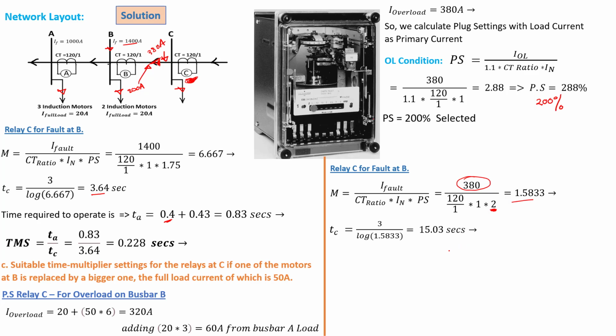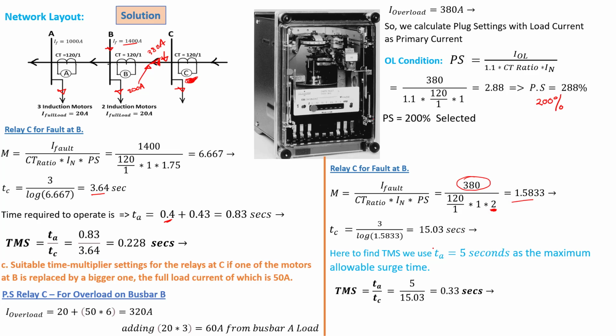So if we are going to calculate our TMS here, we must take account of that longer period of time, and that gives us the maximum allowable surge time that we can wait before we trip. Having said that, our TMS is going to be TA divided by TC. So our TA is the 5 seconds, and then we go to TC, and we find 0.33 seconds for our TMS.